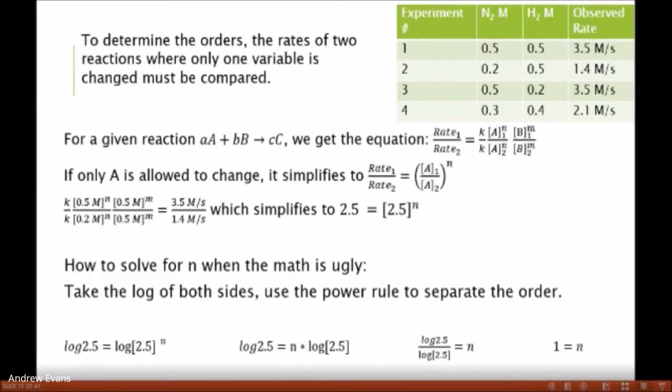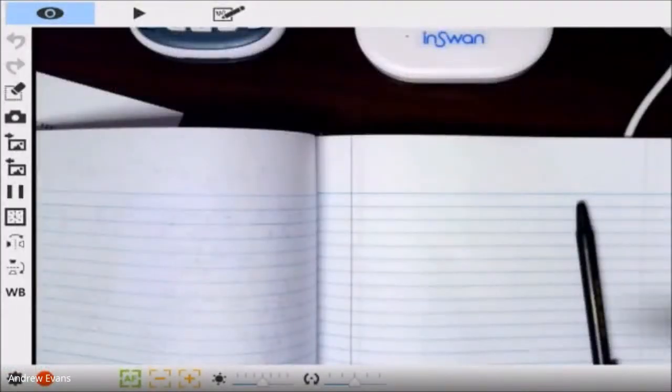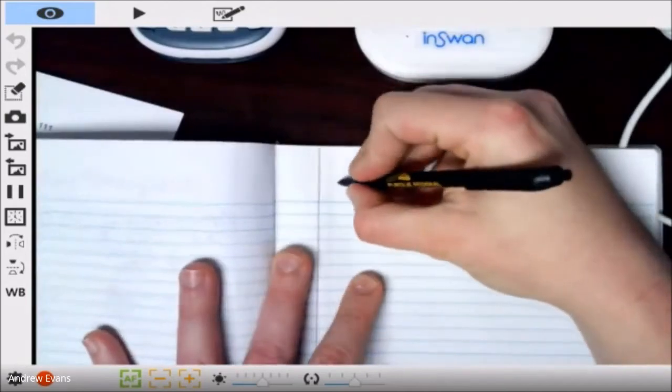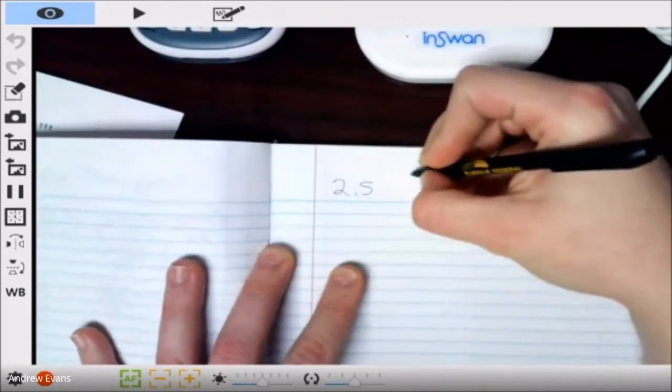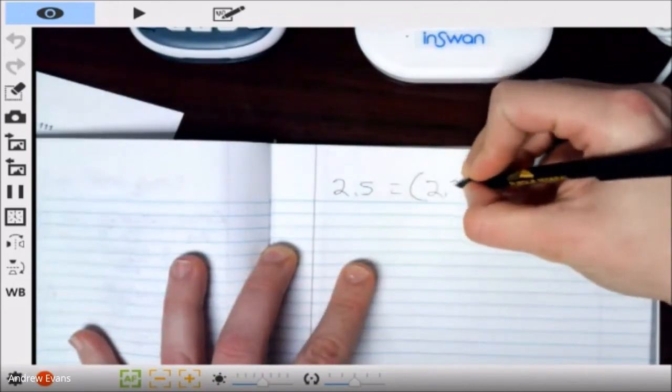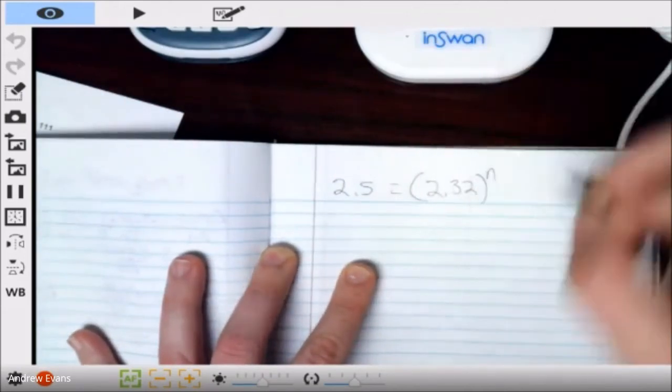Why would you need to do that? I'm going to switch back to the doc cam for a second just to set up. If we had something like this, instead you would have 2.5 equals, let's say, 2.32 to the n.